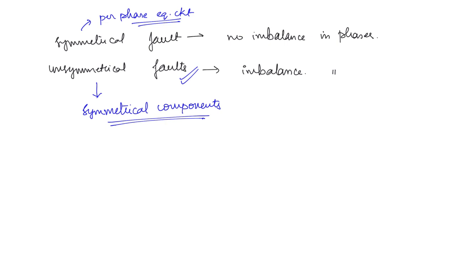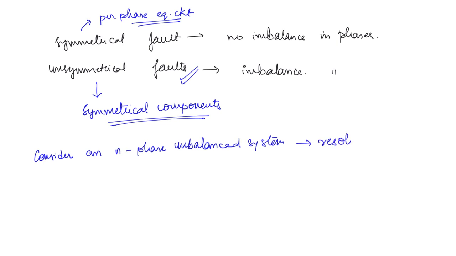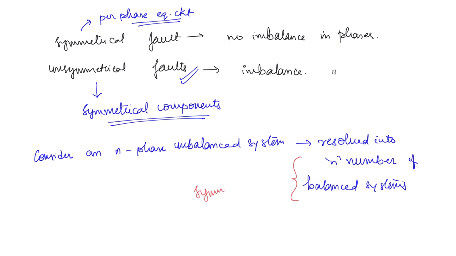Here you consider an n-phase unbalanced system. This n-phase unbalanced system can be resolved into n number of balanced systems, and these n balanced systems are called the symmetrical components.